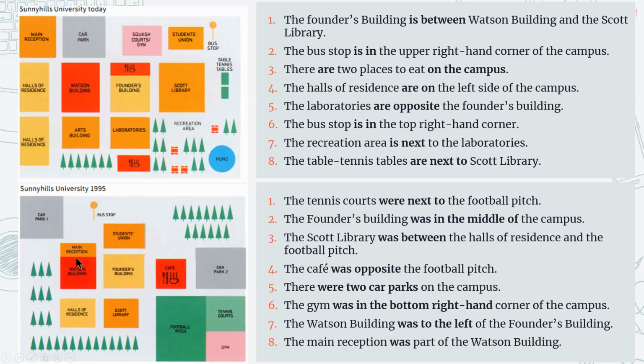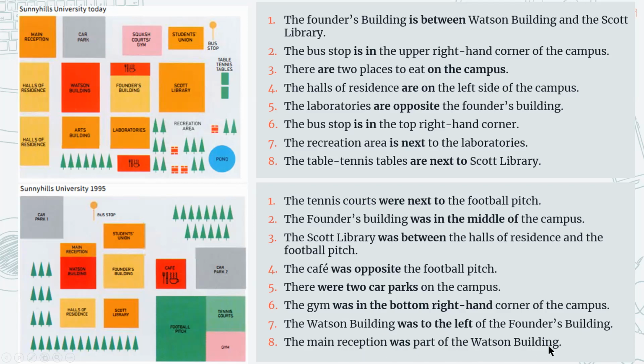As you can see, there was a main reception as part of the Watson building. Okay, but things have changed. Now we have Watson building and there's no reception, right? The main reception was moved to the upper left corner of the campus. Okay. The main reception was part of the Watson building.